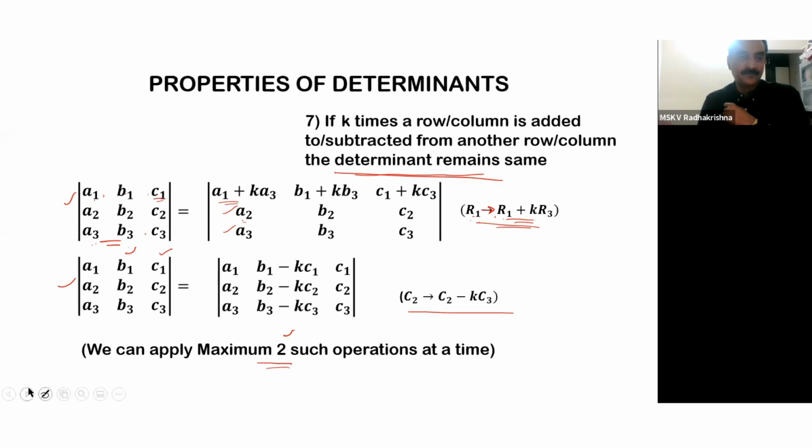Now suppose there is a determinant: A1, B1, C1; A2, B2, C2; A3, B3, C3.